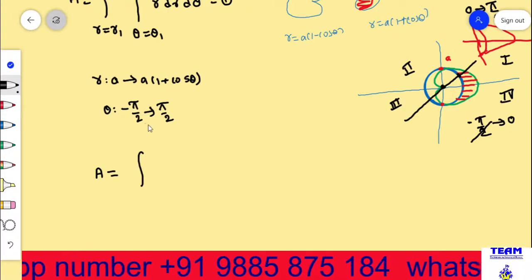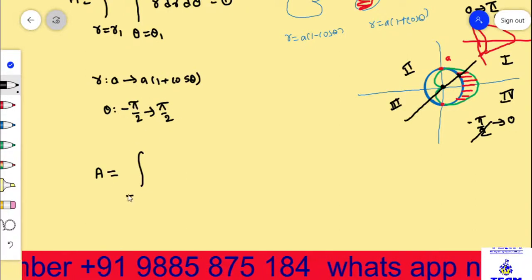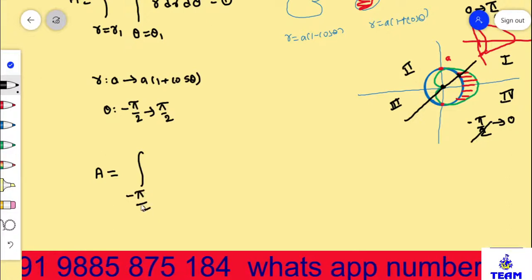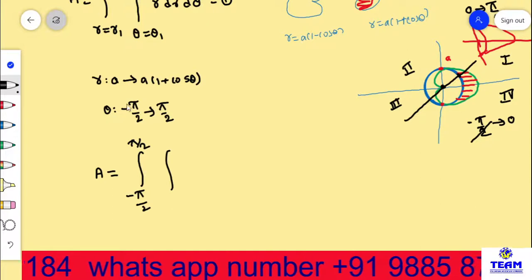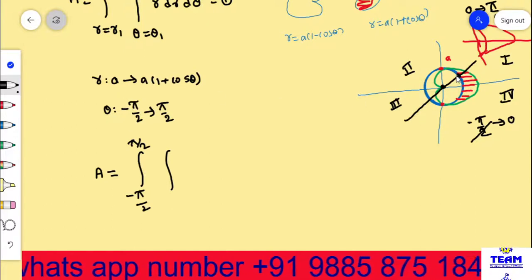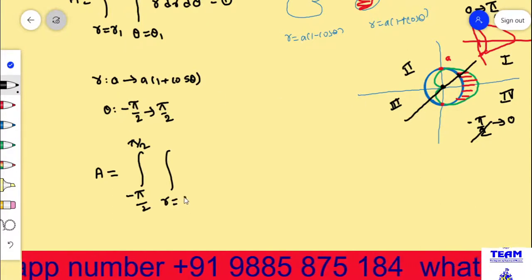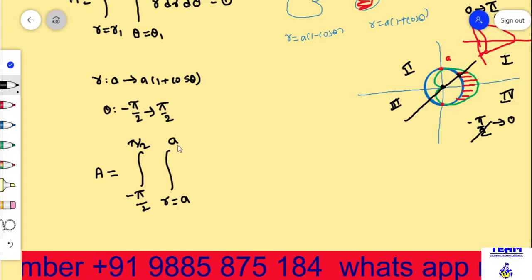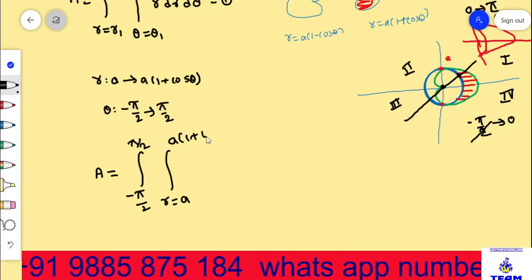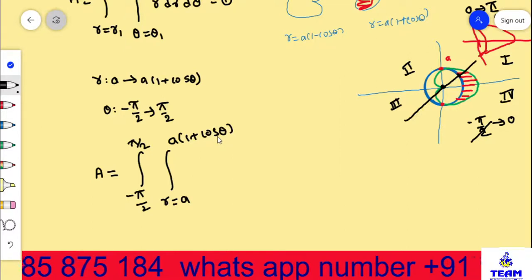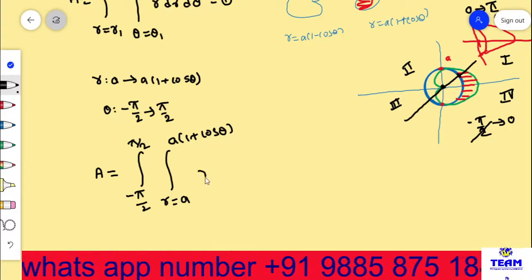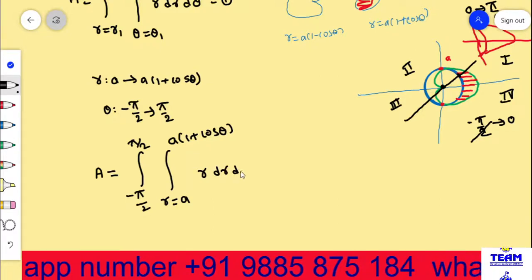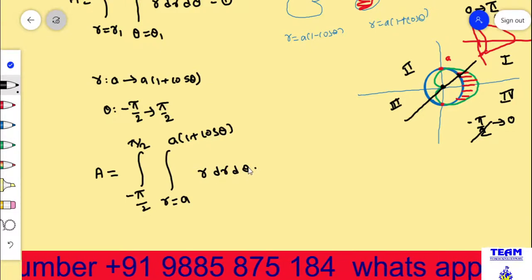First theta, because theta is a constant limit, so minus pi by 2 to pi by 2, and the other limit is R. What is the lower limit for R here? The circle first. So R is from A, the lower limit, to A into (1 plus cos theta), the upper limit. This is the cardioid. I hope it is clear, friends. Next, the integrand is R, so R dr d theta. Up to this it is clear, friends.